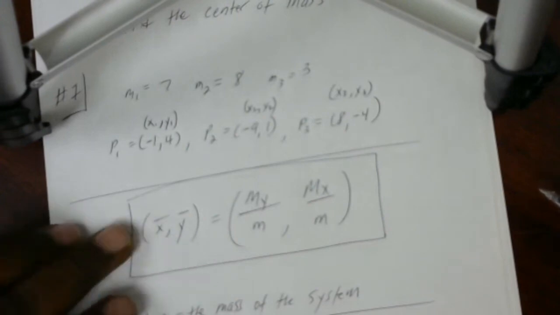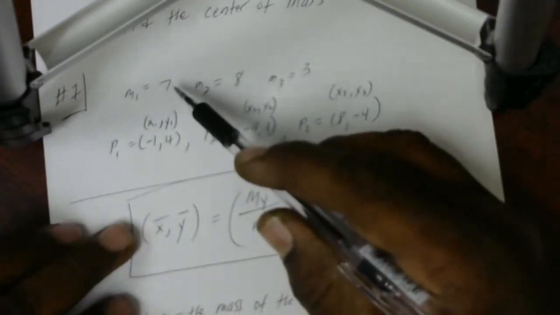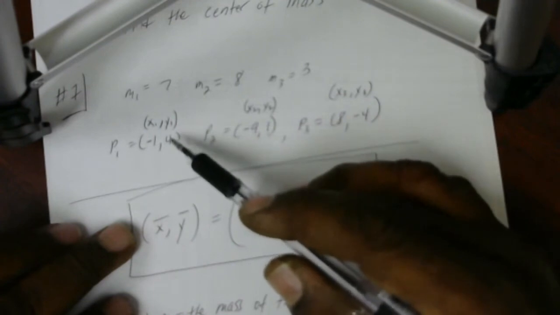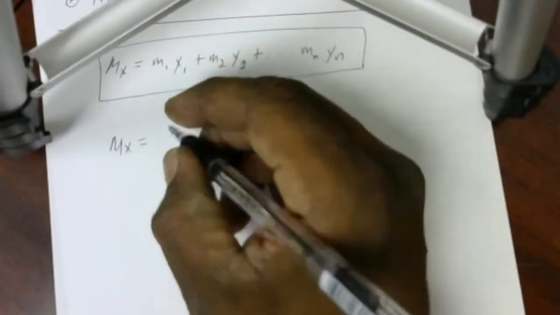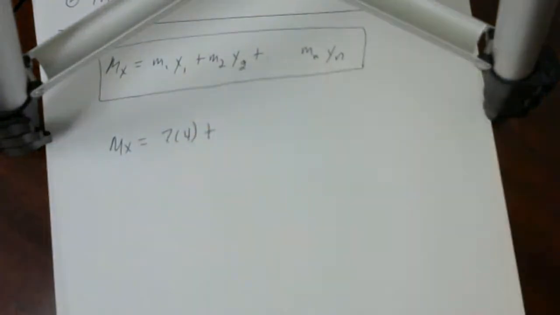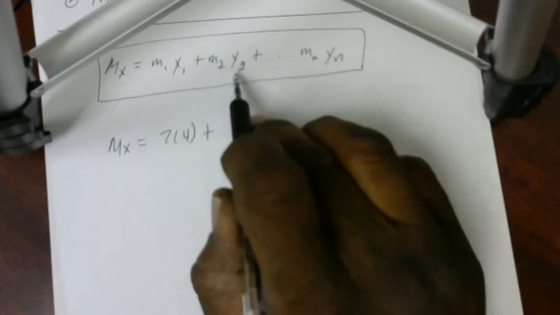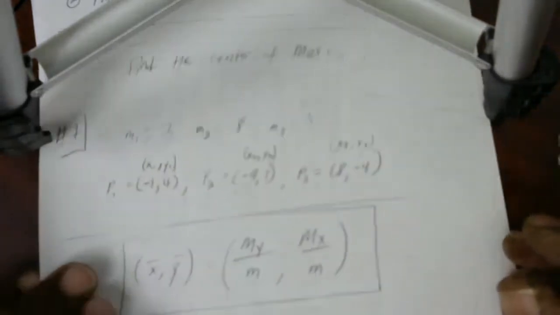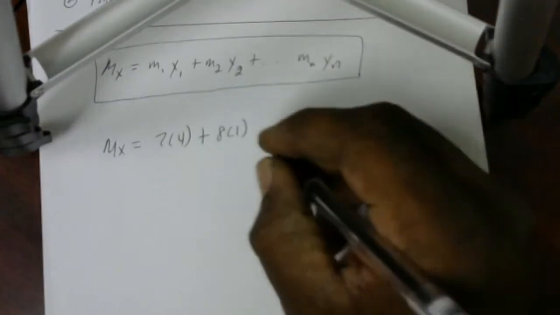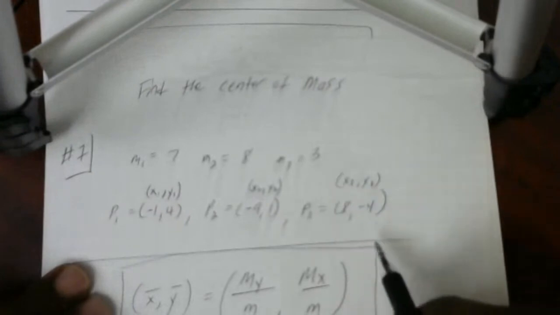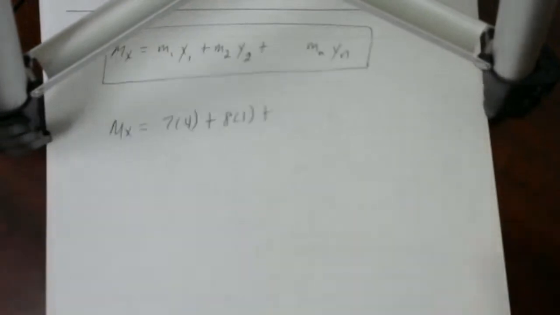So to find the moment about x, I'm going to take m sub 1, which is 7, times y sub 1, which is 4, plus m sub 2 times y sub 2. So m sub 2 is 8, y sub 2 is 1, plus m sub 3 times y sub 3.